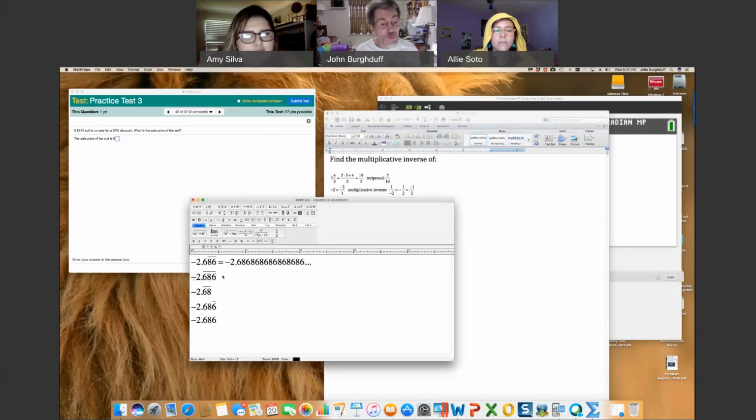The second one would be the whole 686 repeating: 686, 686, 686, 686, and so on and so forth. This one would be negative 2.68, 68, 68, 68, 68, 68.